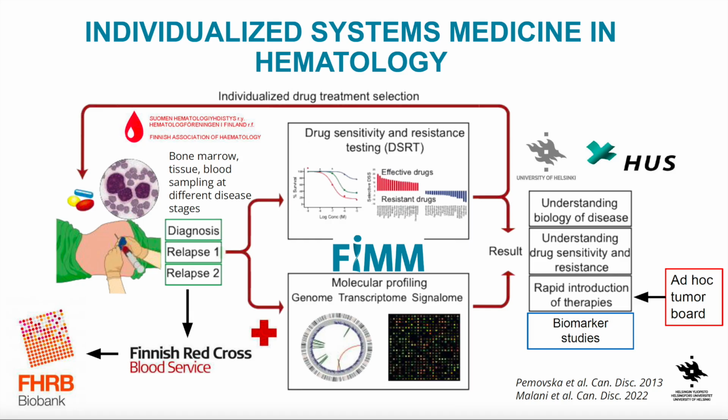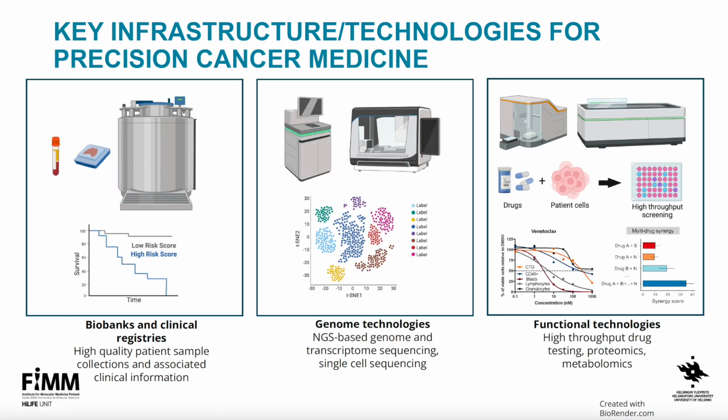So just to mention, I think it was really important. One of the foundations for our research was to establish this national biobank. So Finland, there are only 5.5 million people, and the number of patients per year with these blood cancers is relatively small.